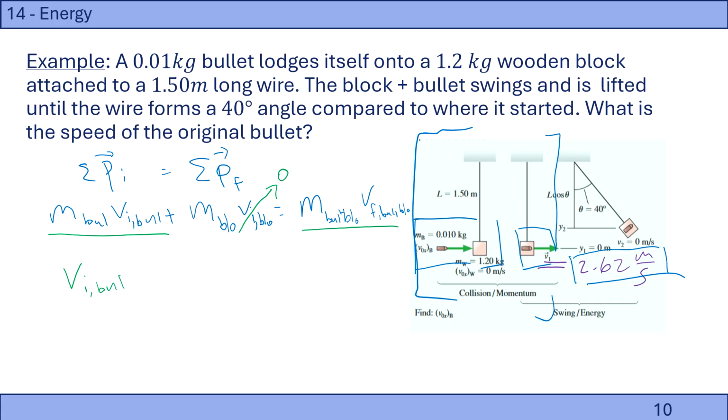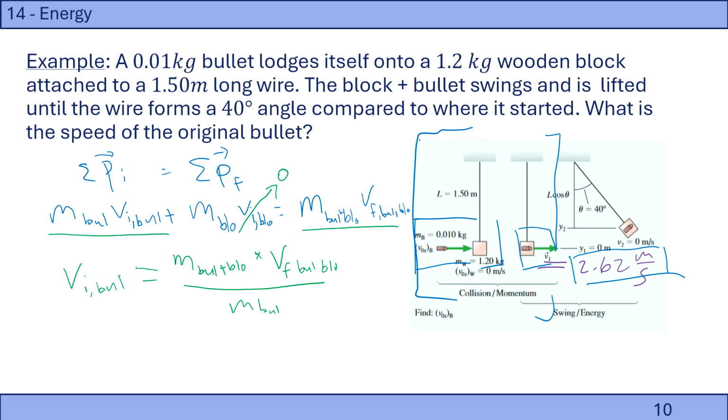And so if we divide both sides by m, the mass of the bullet, we end up with the right-hand side, the mass of the bullet plus block, times the final velocity of the bullet plus block. Divide that by the mass of the bullet, and that would be our initial velocity of the bullet.